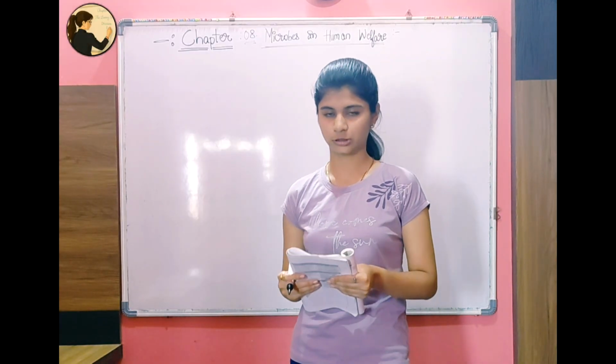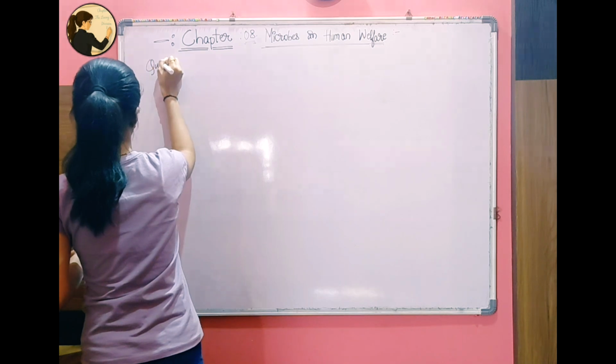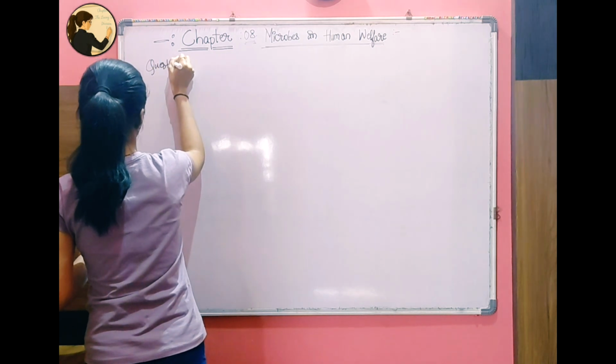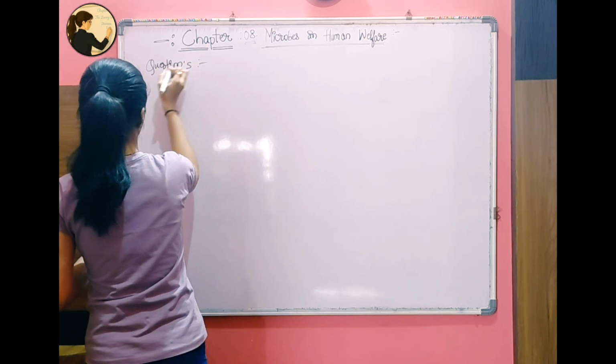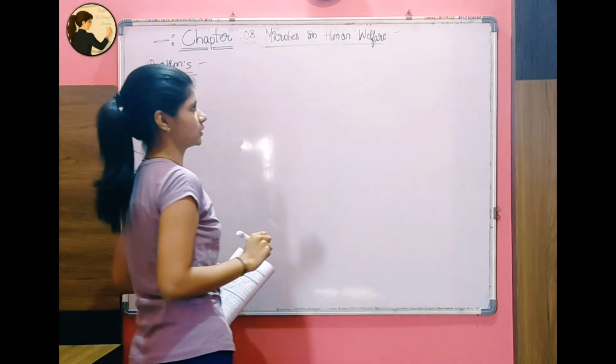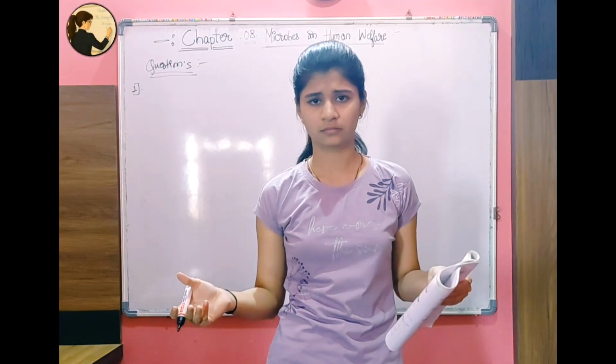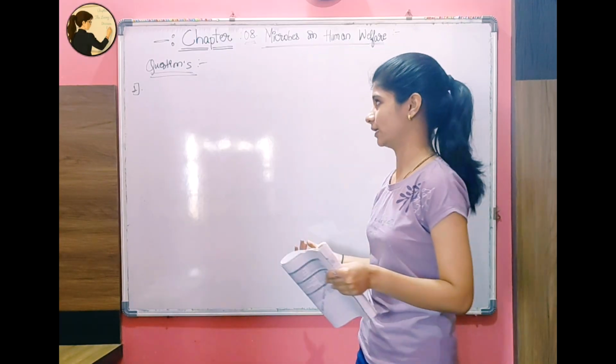So coming to the questions. What questions might come from this chapter? You might be thinking this chapter is really very small or big. What type of questions might you get in this chapter?